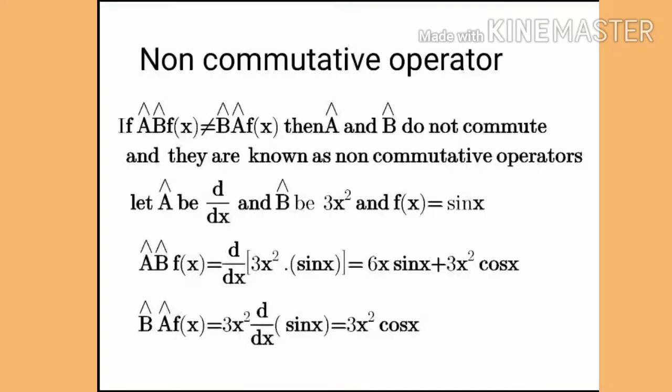So in this case we will differentiate sin x, and then we will multiply the result by 3x square, and we get 3x square cos x. So here the result is different. So in this case, operator d upon dx and operator 3x square are non-commutative because their result depends on the order of operations.